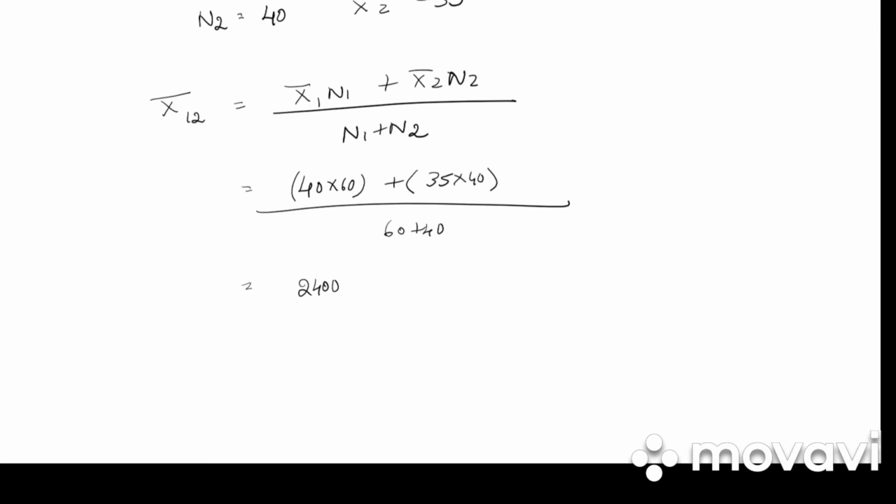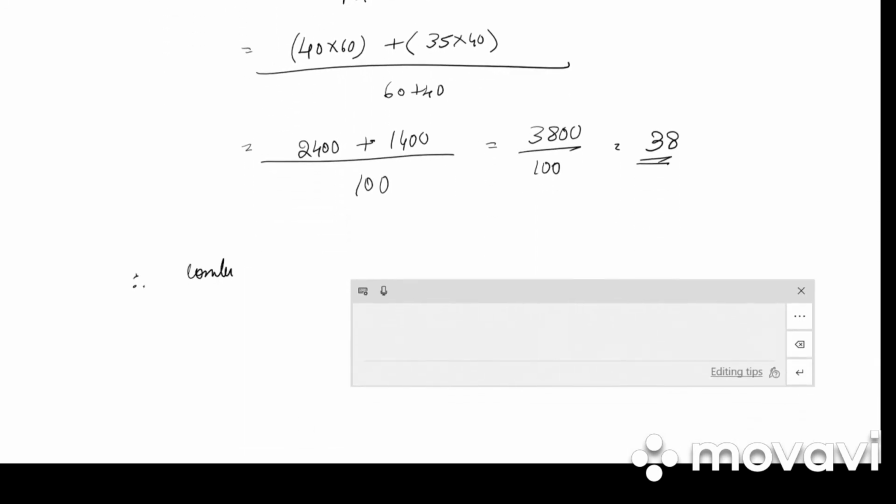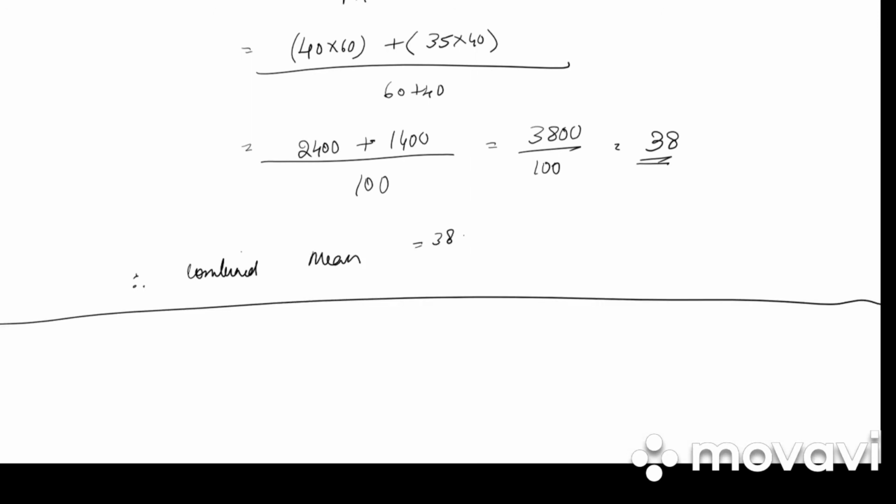We get 2400 plus 1400 divided by 100, 3800 divided by 100, we get 38. Next line, therefore combined mean is equal to 38. Clear?